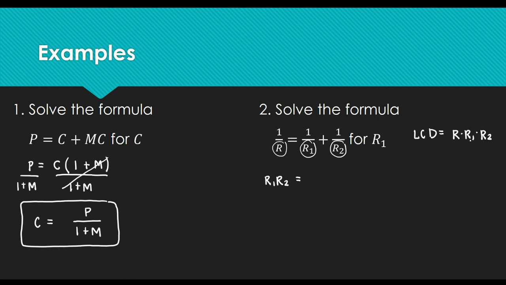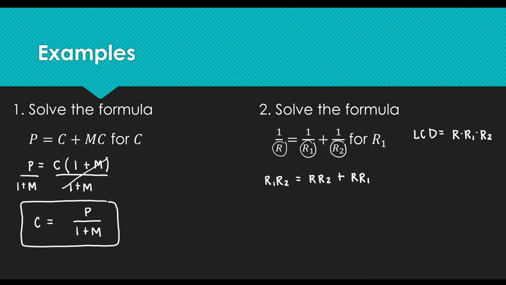R1 in the denominator is going to cancel out with R1 from the least common denominator, so the numerator of 1 is just being multiplied by R and R2. Plus, hopefully we're okay with the fact that the R2s are going to cancel, so the numerator of 1 is being multiplied by R and R1. By clearing away the fractions, now hopefully you notice that R1 is in 2 different spots in this equation.